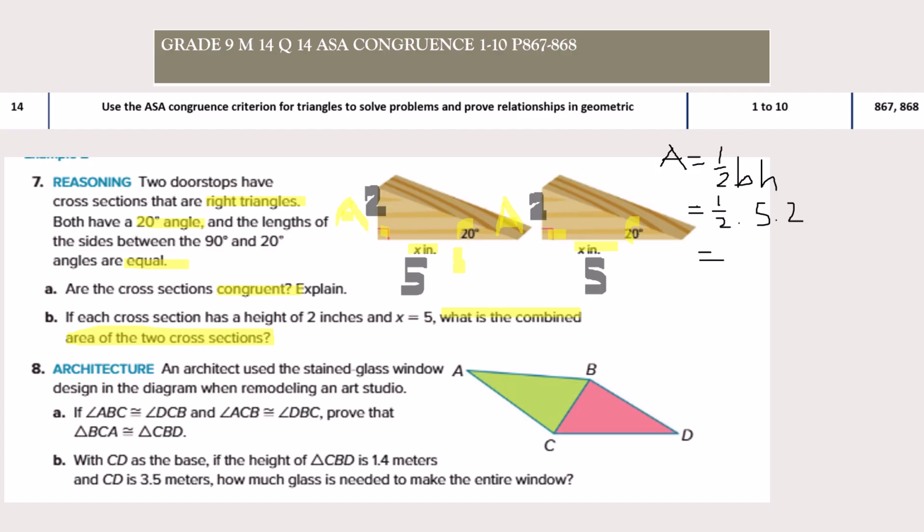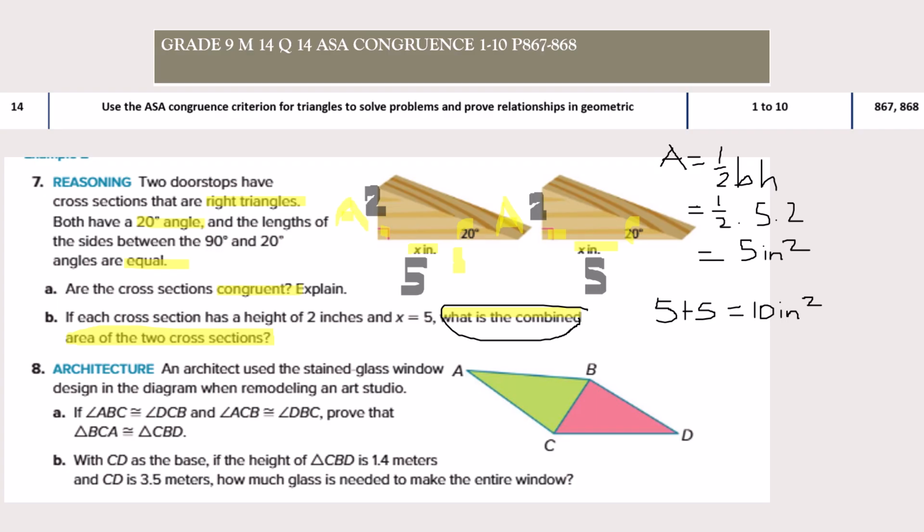And then this would give us 5 inches squared. Now remember, they ask us what is the combined area of both. So it will be 5 plus 5, which equals 10 inches squared.